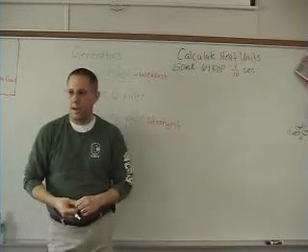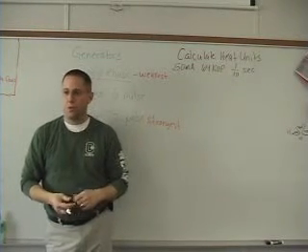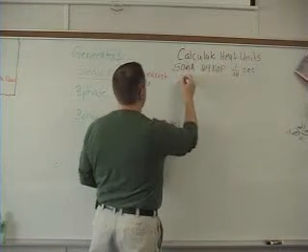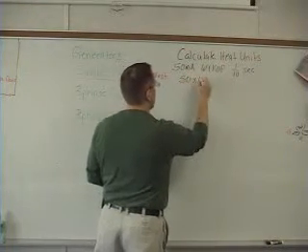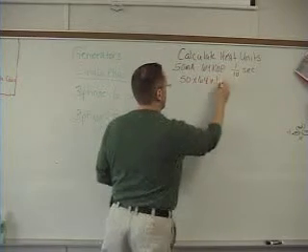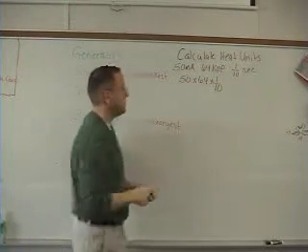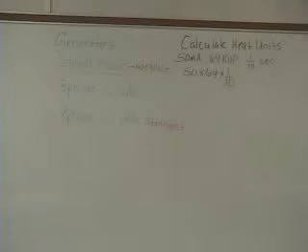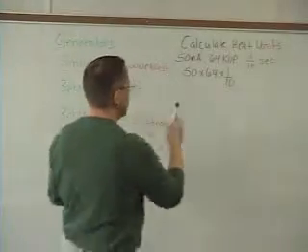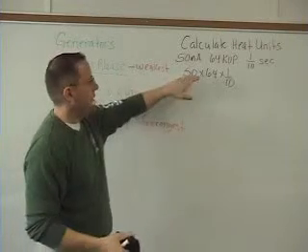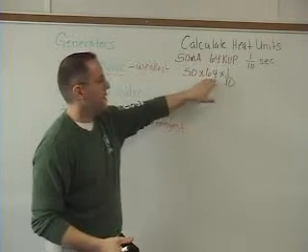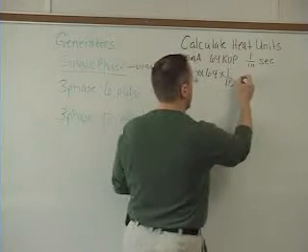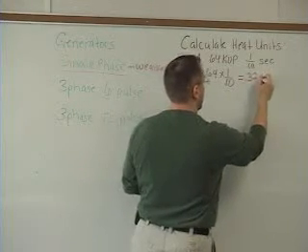To calculate the heat units, all you do is multiply those 3 numbers together: 50 times 64 times 1/10. What I would do is 50 times 64 and then divide by 10, which equals 320.